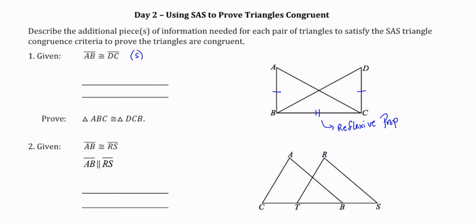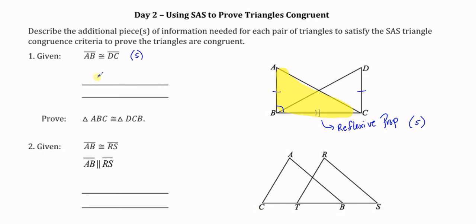So this would be a second pair of sides toward SAS, meaning we really only need to be given one pair of congruent angles in order to use side angle side. But the pair of angles we need to be given are congruent is important. Looking at our diagram, if we want to show that triangle ABC is congruent to triangle DCB, and we're given that AB and DC are congruent and BC is congruent to itself by the reflexive property, then the angle we need to be given information about is the one between the two pairs of sides that are given to be congruent.